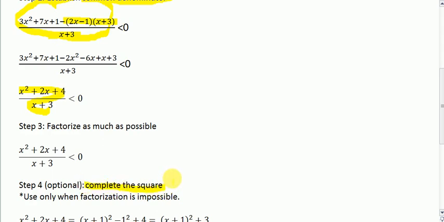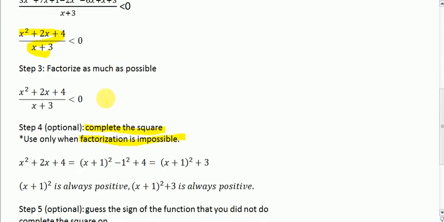Do take note that step 4 is actually optional. You only use it when factorization is impossible. In the case when factorization is possible, we will use a method called the test point method, which I will show in the next video.